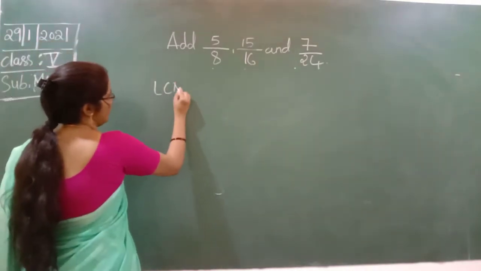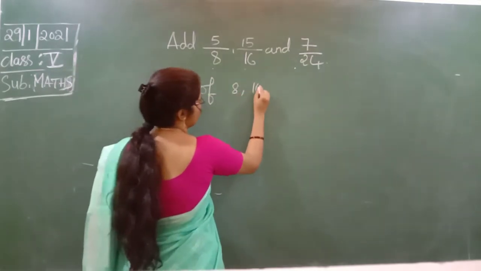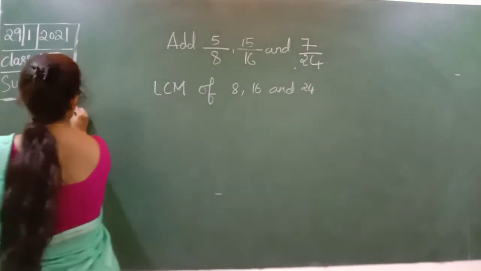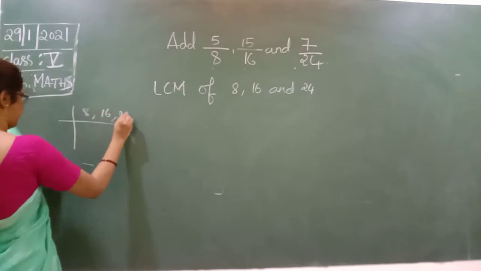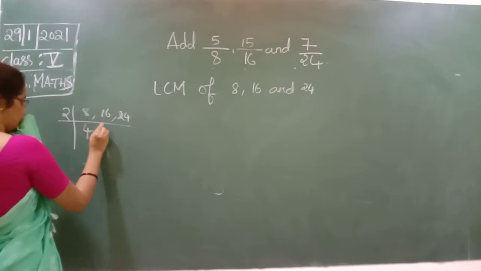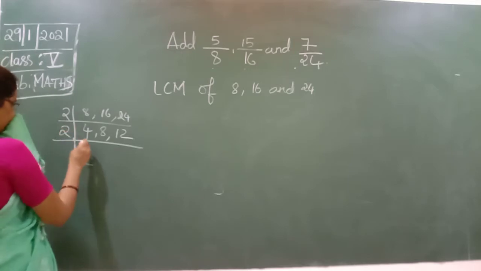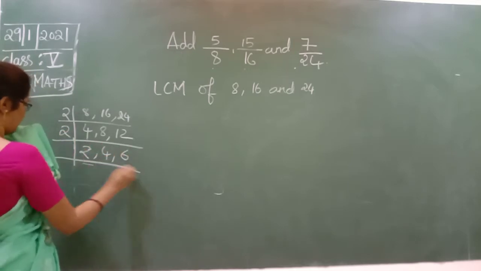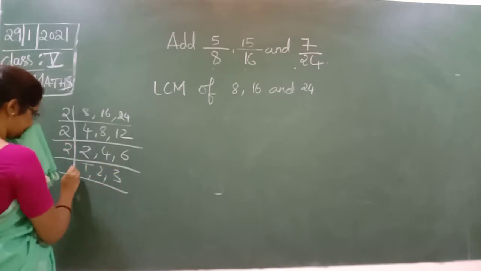So what is the LCM of 8, 16 and 24? 2 table: 2 fours are 8, 2 eights are 16, 2 twelves are 24. Again 2 table: 2 twos are 4, 2 fours are 8, 2 sixes are 12. Again 2 table: 2 ones are 2, 2 threes are 6.